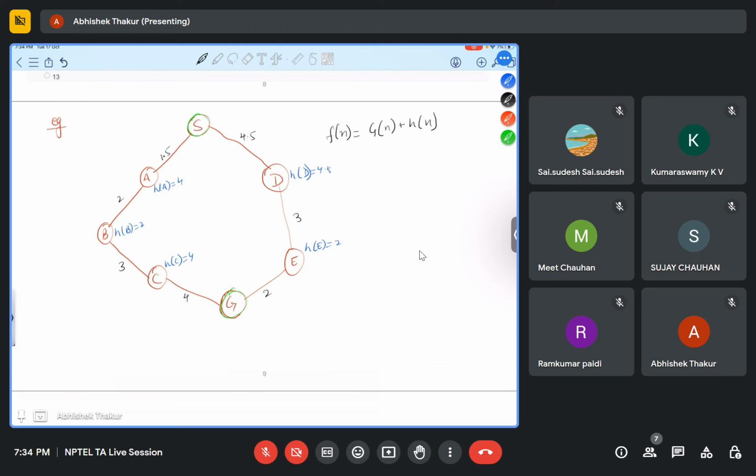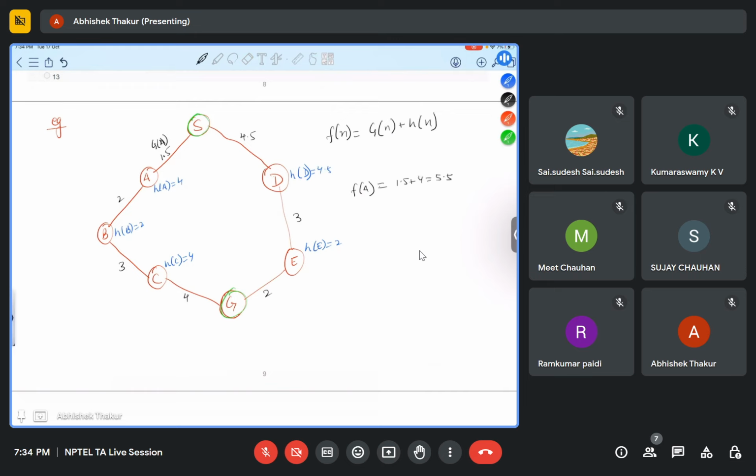So first we'll calculate f of A. For f of A, this value is g(n), like g of A you can say. So g of A plus h of A, that will be 1.5 plus 4, that is equal to 5.5.